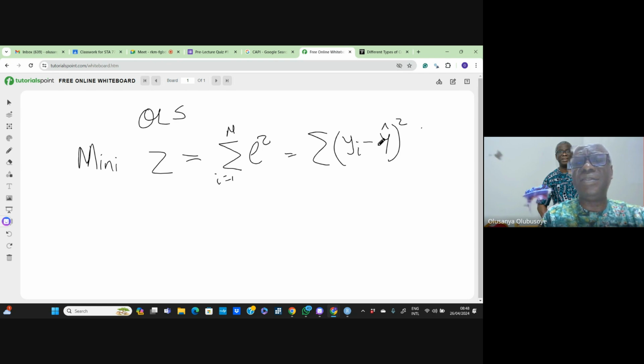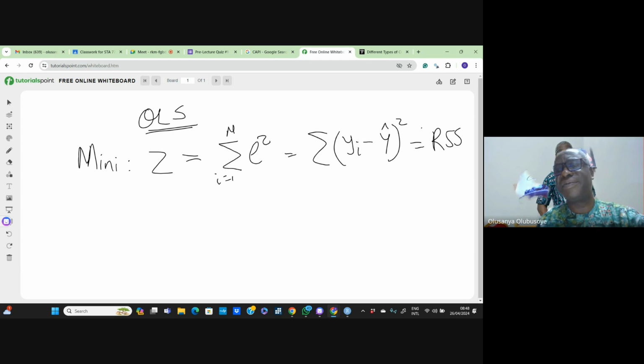This is the sum of squares of the residual, which you can also call minimizing the RSS. This is what we know as the OLS criterion.